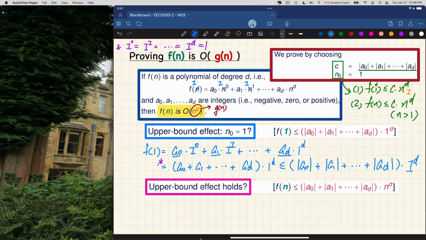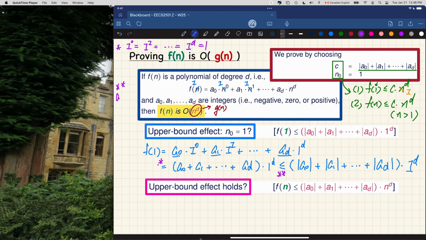And this one here should also be very obvious to see. For example, if you look at A0 here and A0 here, it is for sure A0 should be less than or equal to its absolute value. And also A1 here should also be less than or equal to its absolute value, right? And etc. That's why this inequality here will also hold. I'll put it down as well. Okay, so now star number 2.